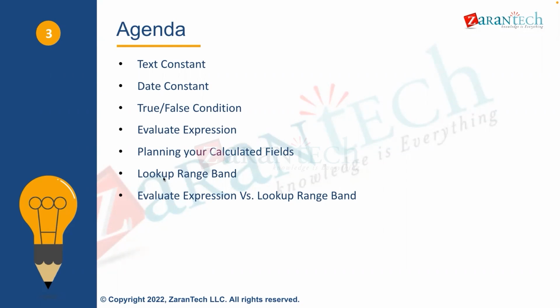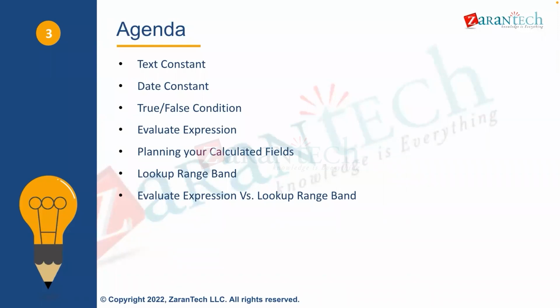Another function to be discussed is the lookup range band. Sometimes you want to define some ranges to evaluate an expression. So I say employees with salary from $0 to $50,000 should give out a value of low salary range.